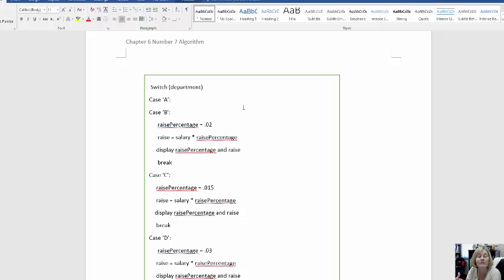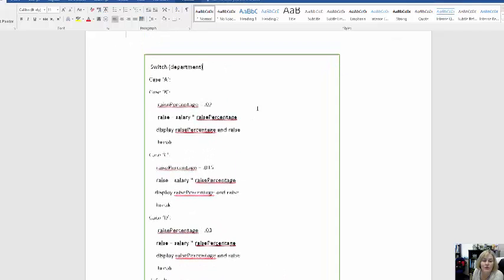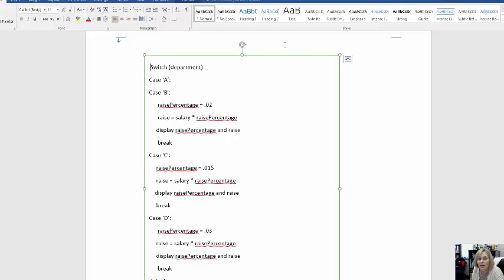Algorithms don't have all the detail that your program will have, so keep that in mind. But I did put the switch statement in, just to make it easier than doing if statements, because you have to do a switch statement. So again, you're going to have to look in your textbook, and I'm going to put the page number 175.